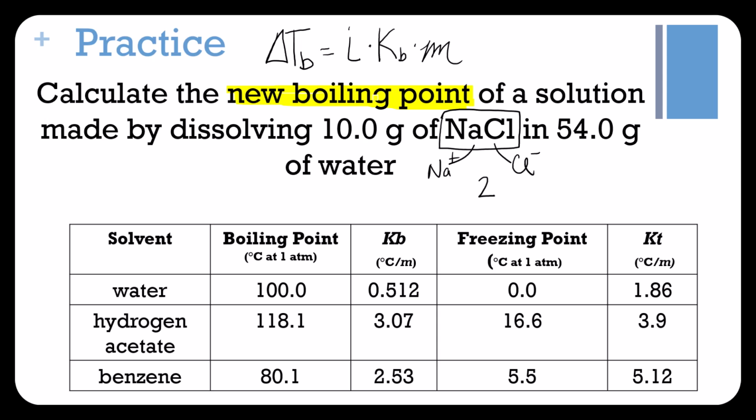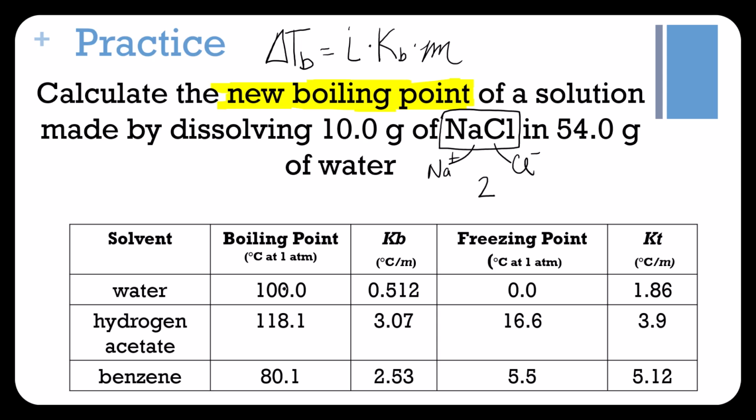So the boiling point of water has changed. Now we need to calculate that new boiling point. Here's where this chart is also helpful. If you didn't remember the boiling point of water, or we use some other compound that you don't know the boiling point of, we come to this table and we see that the boiling point for water is 100 degrees Celsius.